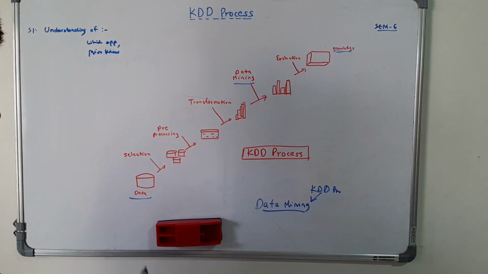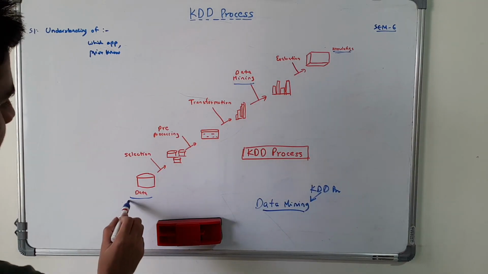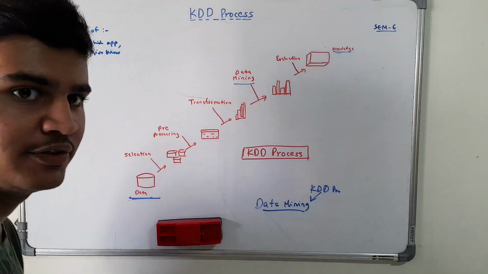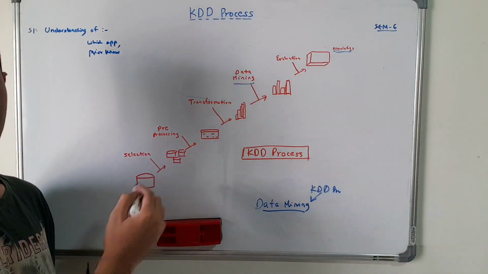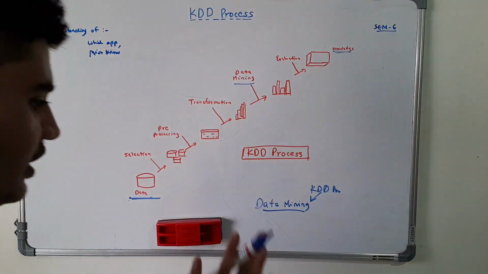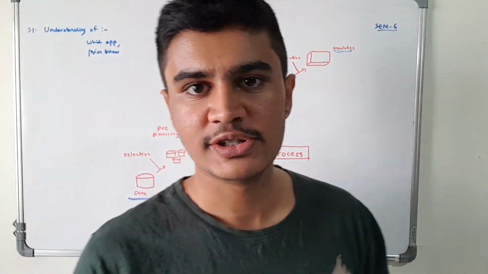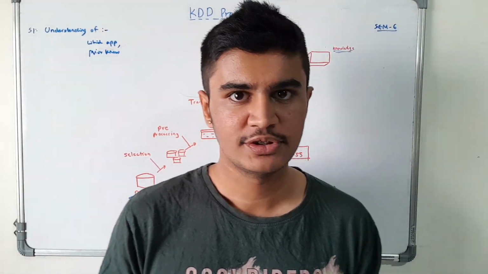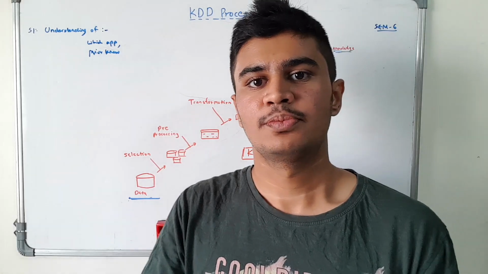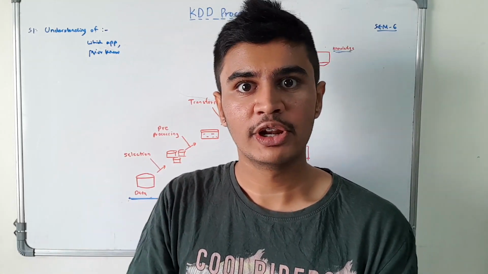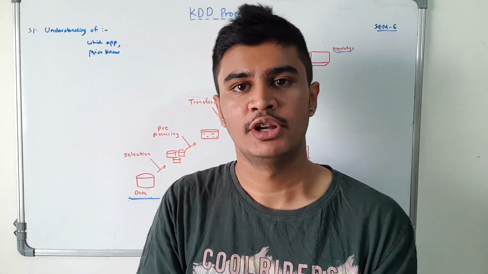Like if you are collecting IT data, so you should have a prior idea of the department. So that is the first step, is that you have to first analyze and understand the basics of what the end user wants, which application domain you are working in, and what is the prior knowledge you have.